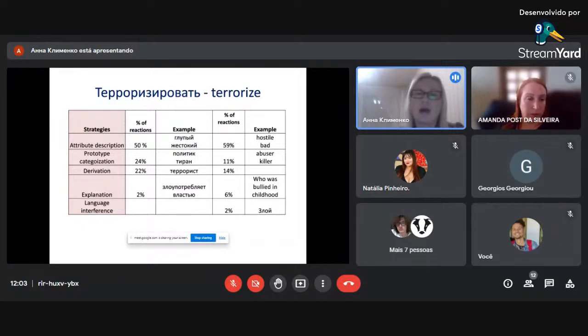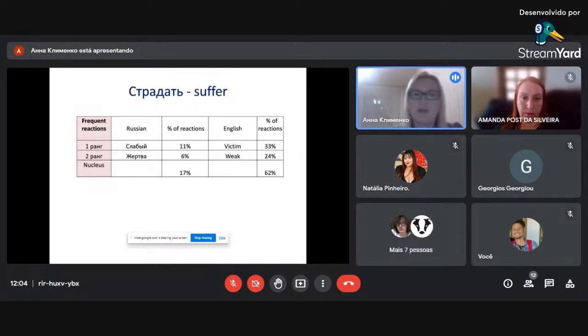And we also have the strategy of derivation when our respondents provided words of different parts of speech with the same root. In Russian language, we have more reactions that gave explanation in terms of parts of sentences or several word groups, not just one word. And of course, in English examples, we have the cases of language inference when on English stimulus, we have Russian reaction.